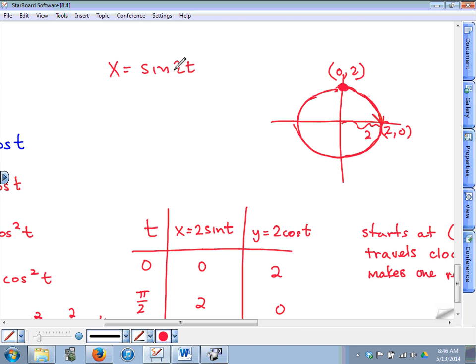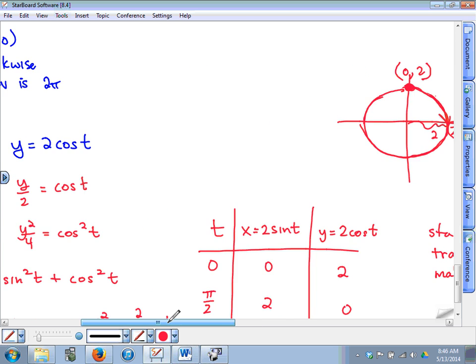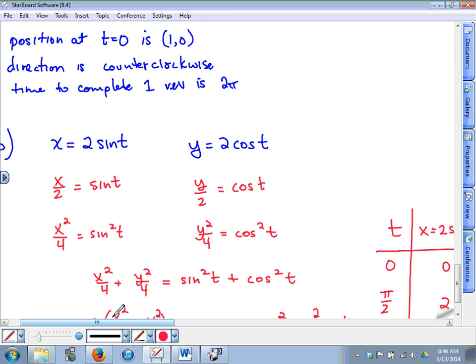Inside is opposite, so it actually shrinks it. So this would take less time to complete a revolution. It would take pi to complete a revolution. So if the number occurs inside the function, it takes less time to complete a revolution. If it's plain, then it'll take 2 pi, but whatever's inside of it, just take pi. Yeah, you can think about it that way.